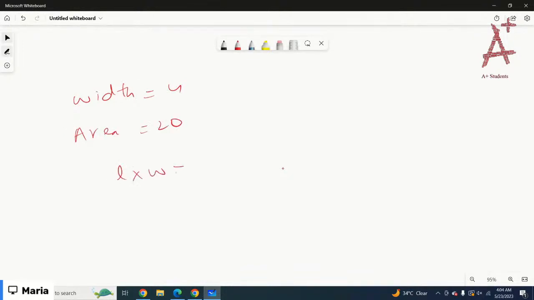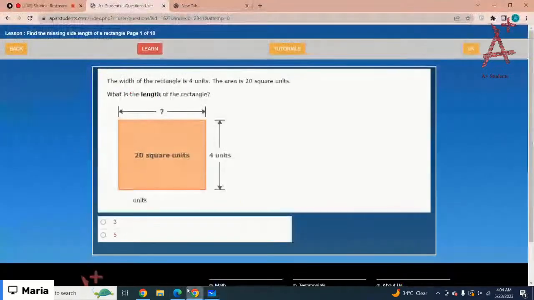So length times width equals area. That means it would be length times 4 equals 20. So you have to find which number times 4 equals 20. Yes, it would be 5 times 4 equals 20. That means length equals 5. Got it? So it would be 5.